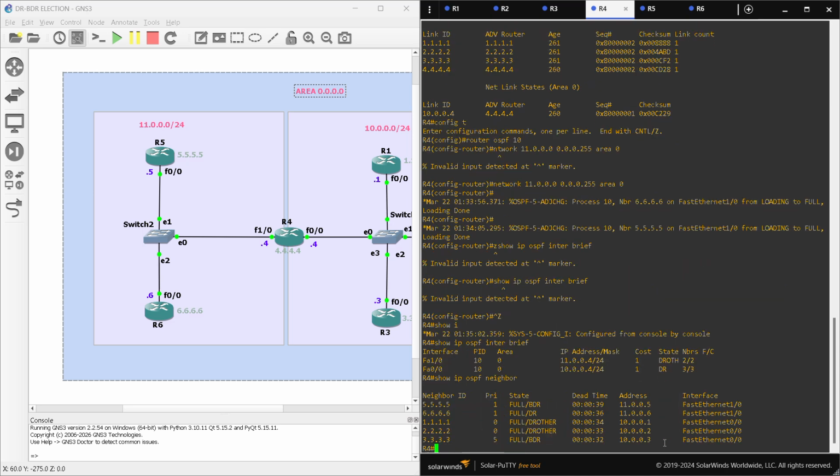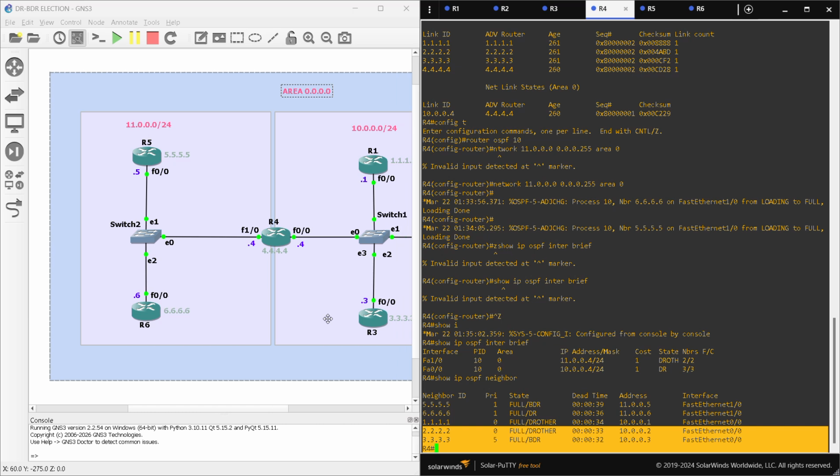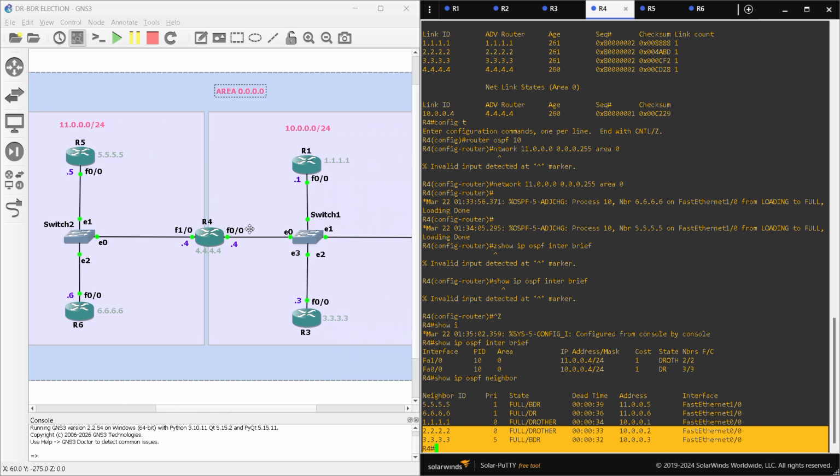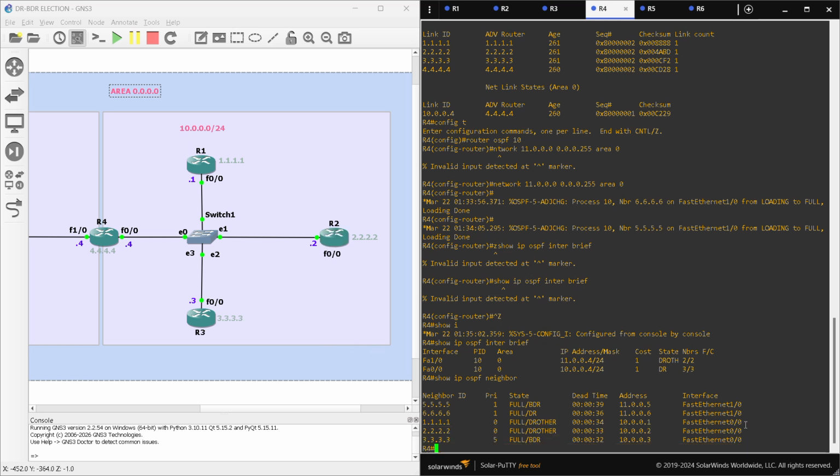Okay, so as you can see, for FastEthernet 0/0, we have two entries. We have R2 and R3, and R1.